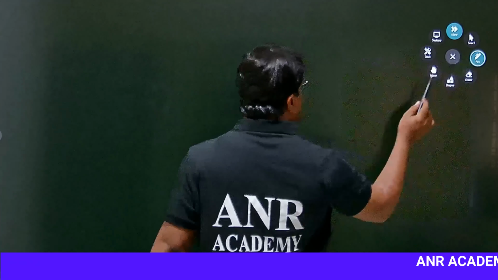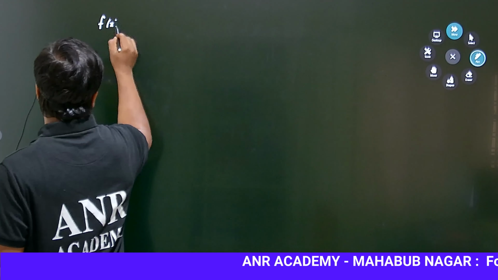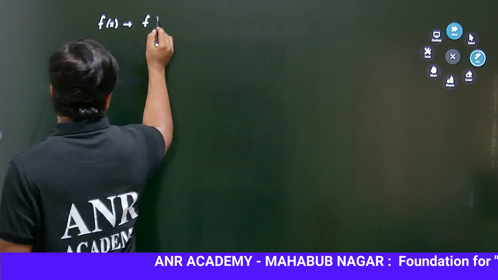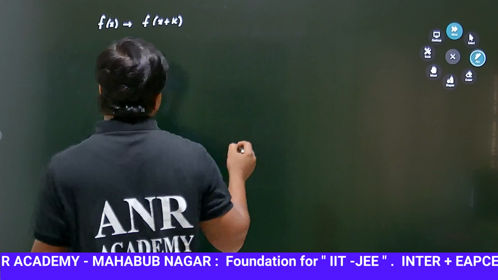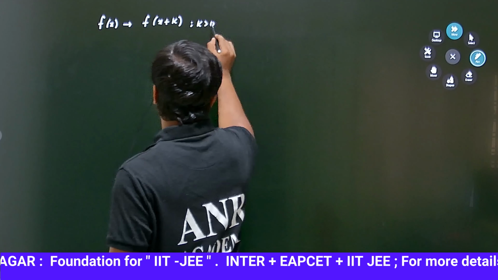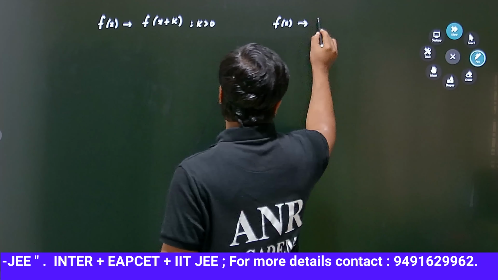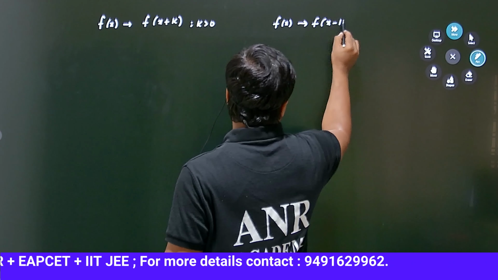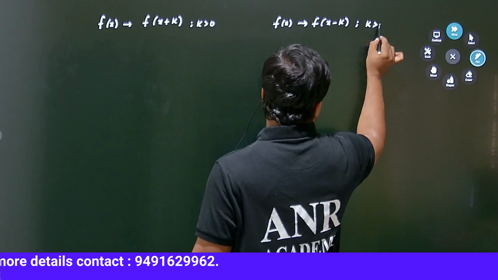Suppose f of x is transformed as f of x plus k, internally k units added, where k positive. Next, transformation from f of x to f of x minus k, k more than 0.